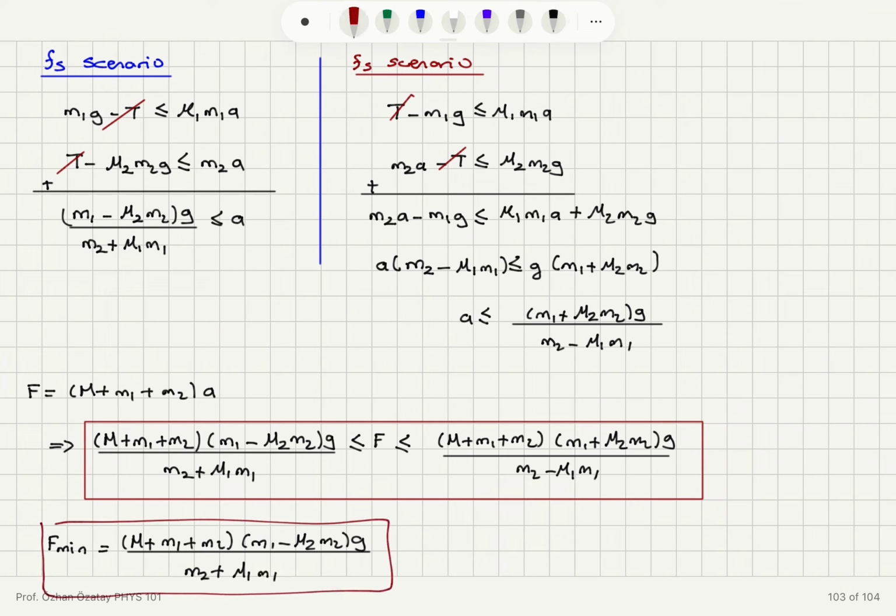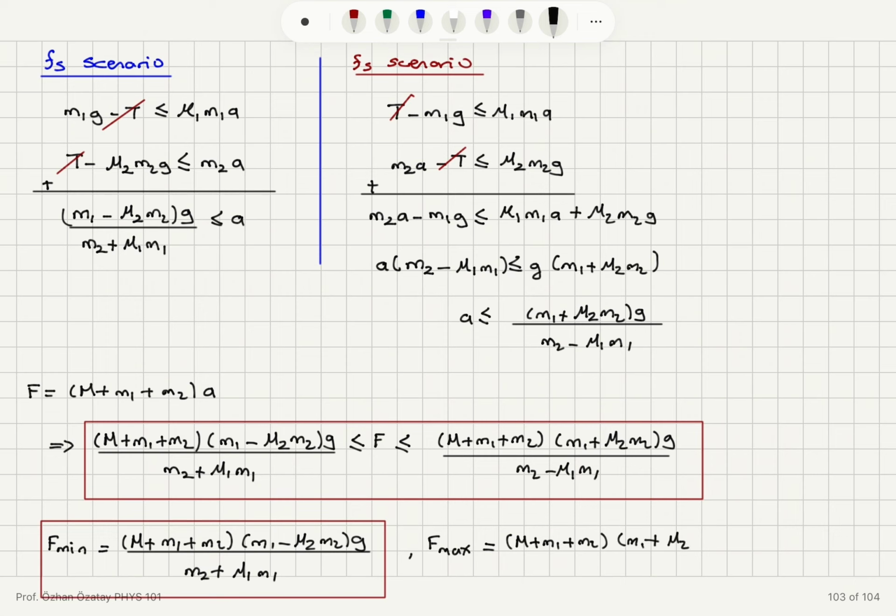And the maximum value would be F max equals (M plus M1 plus M2) times (M1 plus mu2 M2) G divided by (M2 minus mu1 M1).